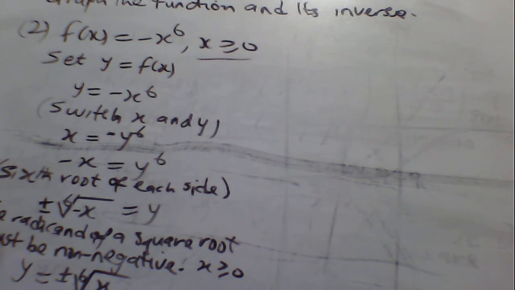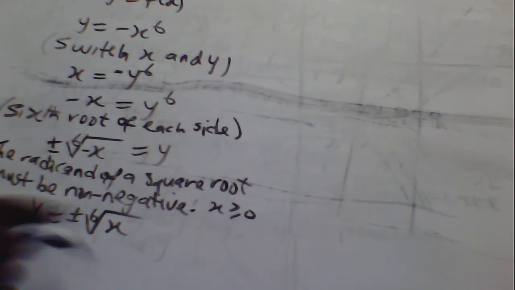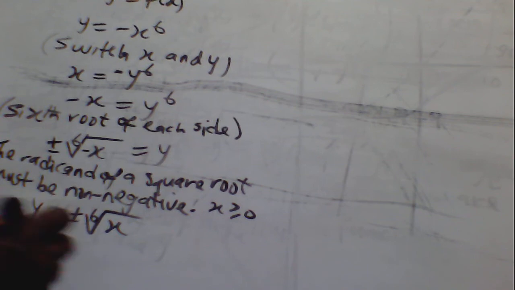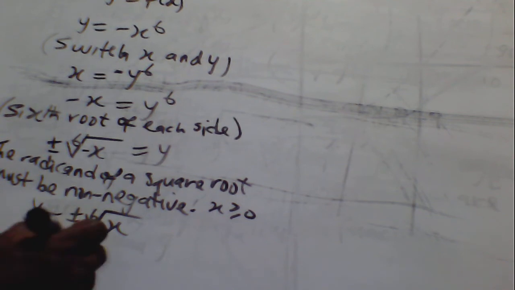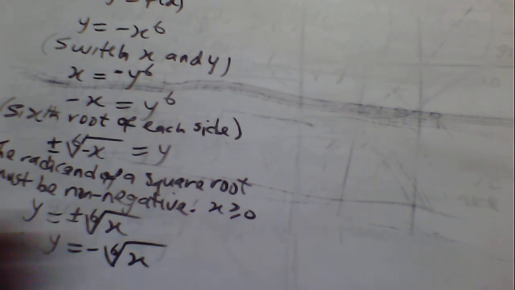In order for the function to be, when we try to find the function from the inverse, for this to be possible, we must take the negative part of the y. So therefore y must be equal to negative the 6th root of x.